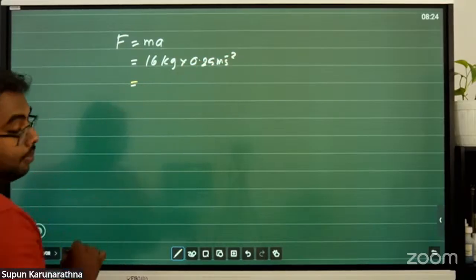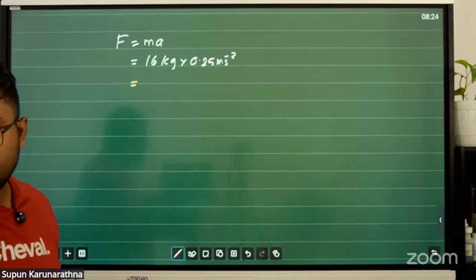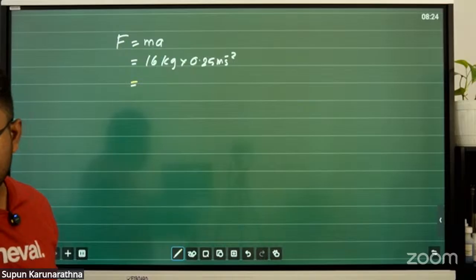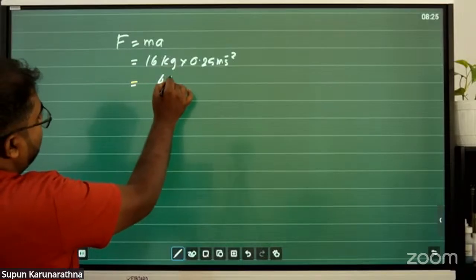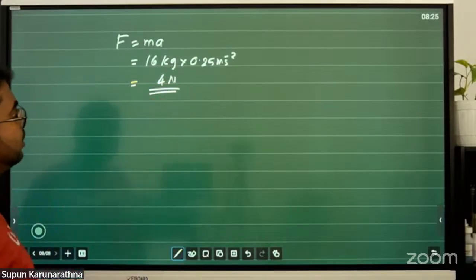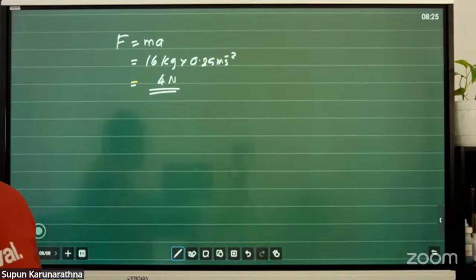So you can simplify. What is the final answer? 0.25 into 16, it's about 4 newton. You can do the multiplication, then it will come.